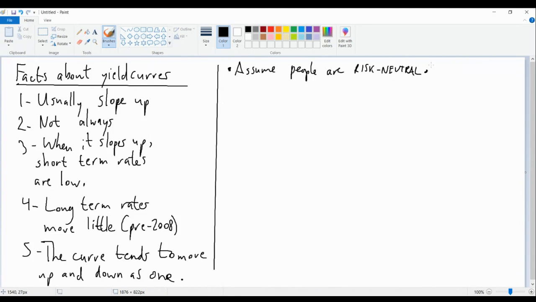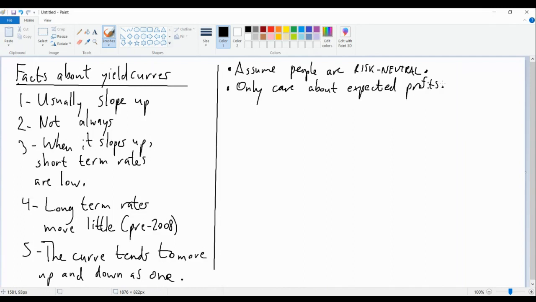For a risk neutral entity, it's essentially the same thing. So one way to sum that up is that people only care about expected profits.